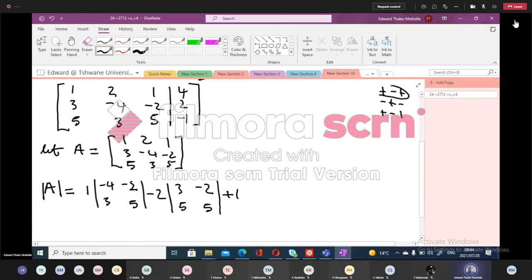So I'm using this row here. So we hide this way. So this is 3, minus 4, 5 and 3. Okay. So let's check.